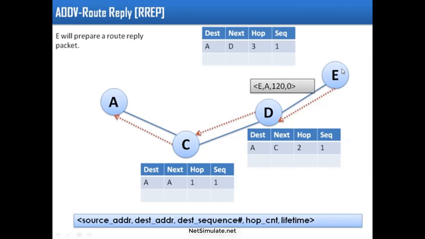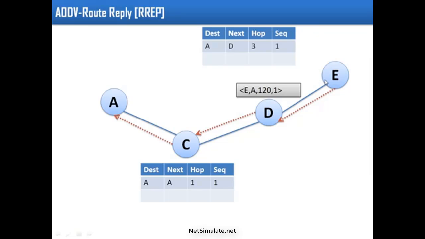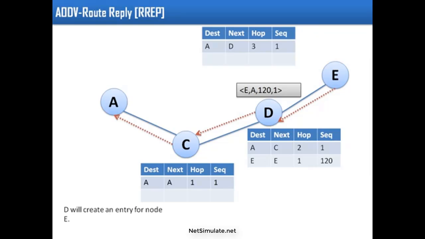E will send this to D. Now D would know this packet is coming from sender E from this side, so D would know that in order to reach E I have to go here. It will create an entry in the routing table, and this entry will say in order to reach E, forward the packet to E.